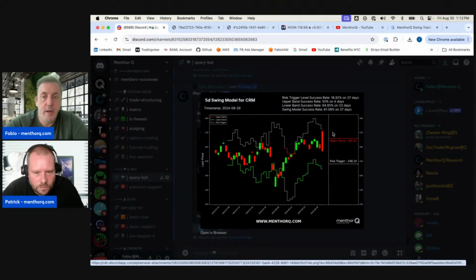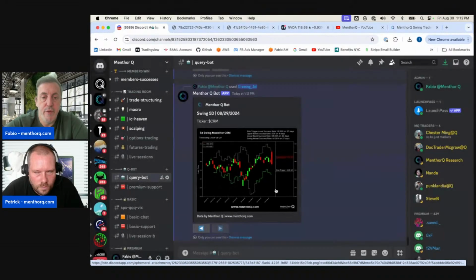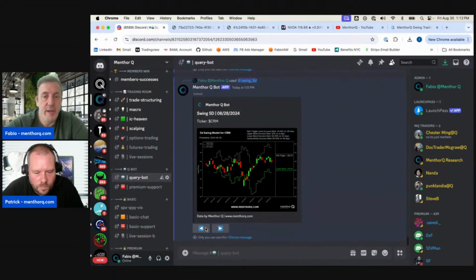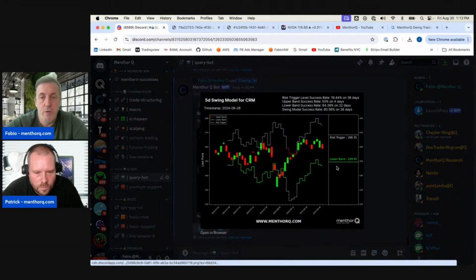Over the past few weeks, we only saw in the chart, besides only a few points here, the lower band. So now we see an upper band with an upper level of 265 and a risk trigger of 248. But if we go back in time, what's interesting here is that 2 days ago, we actually had a lower band. So we see a shift from a bullish to a bearish bias on this stock.